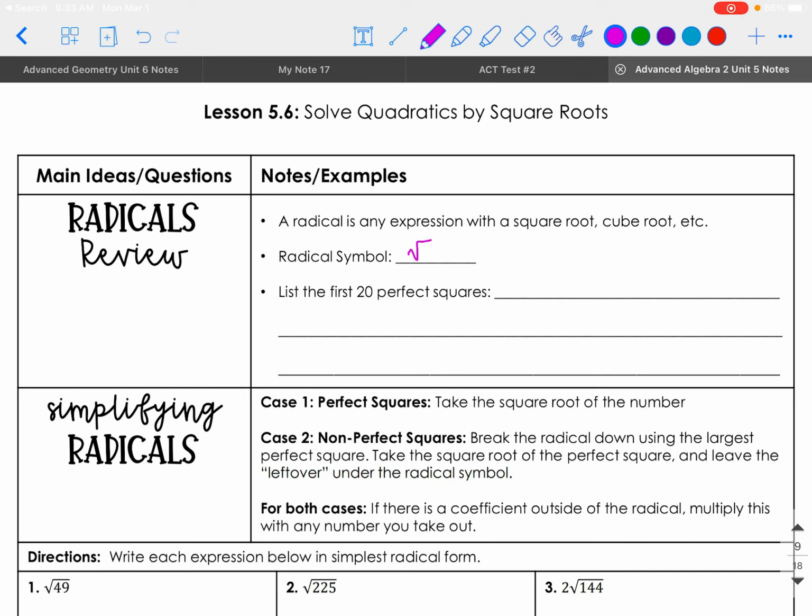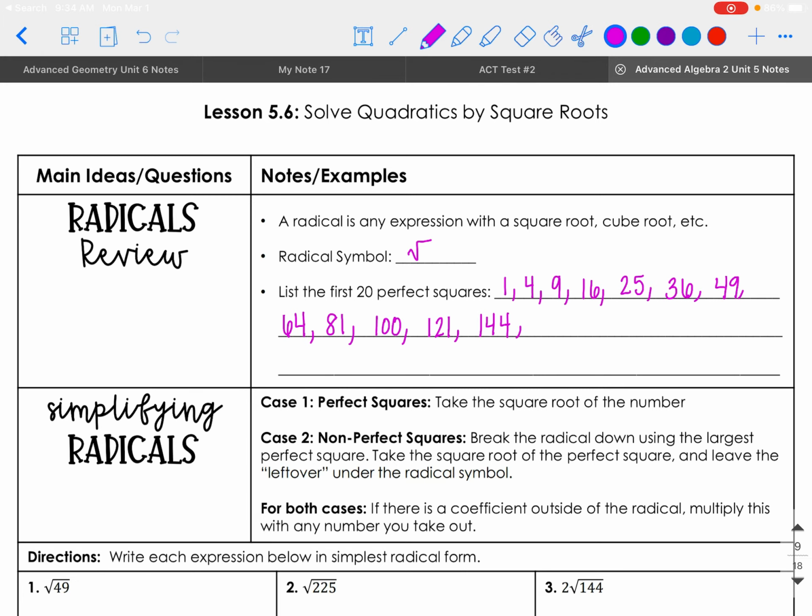So if we list those, we have 1, 4, 2 times 2 is 4, 3 times 3 is 9, 4 times 4 is 16, 25, 36, 49, 64, 81, 100, 121, 144, and really you can probably stop there.